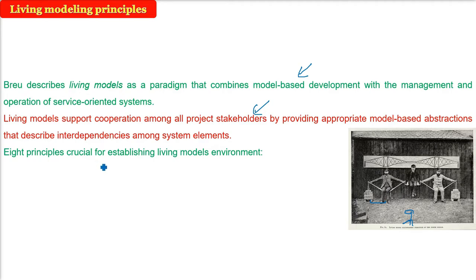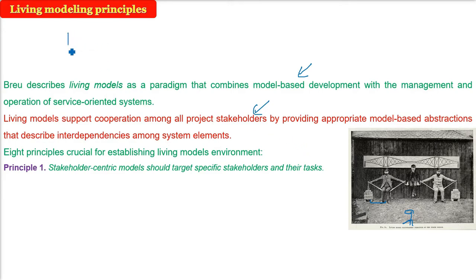So this living model is all about helping the project stakeholders. There are 8 crucial principles that are established for a living models environment. The first one is stakeholder centric: models should target specific stakeholders and their tasks. Whatever models you make are for the stakeholder. Let me give an example. You are making an e-commerce website, for example, food delivery.